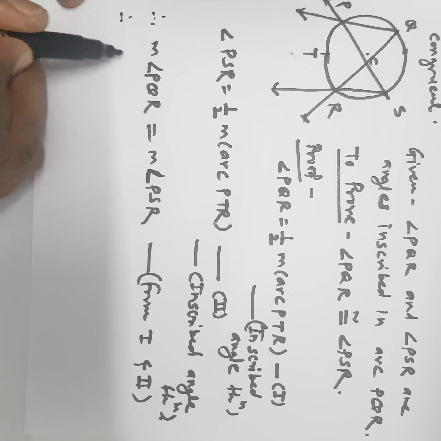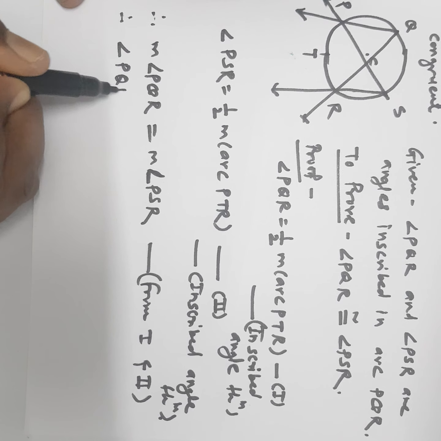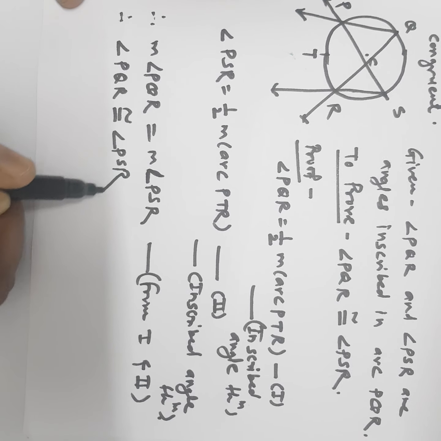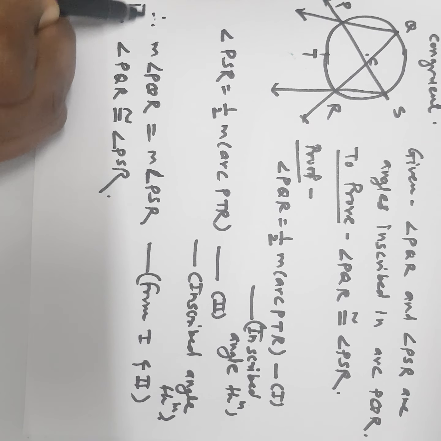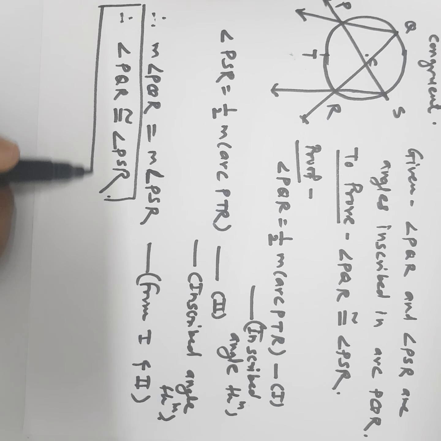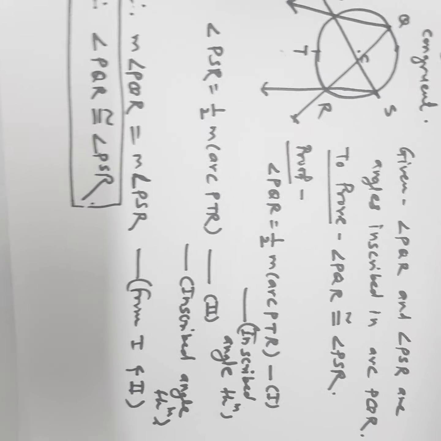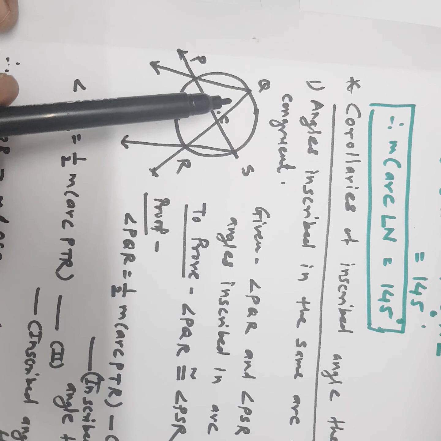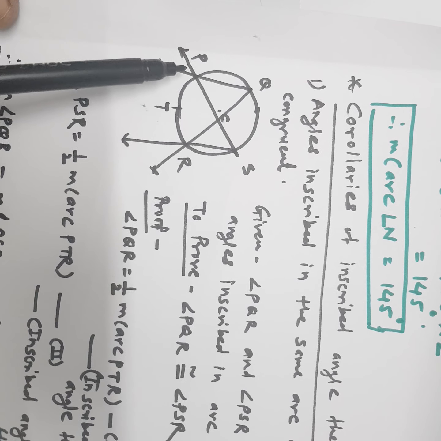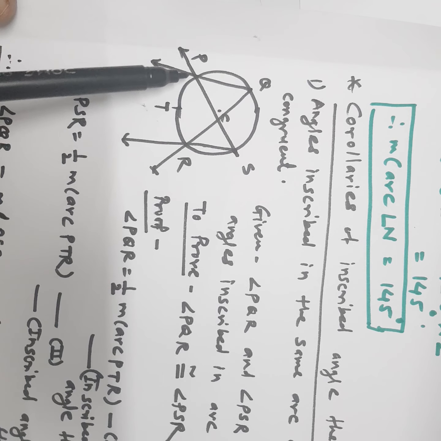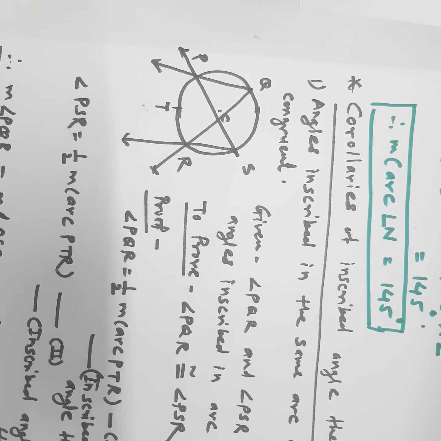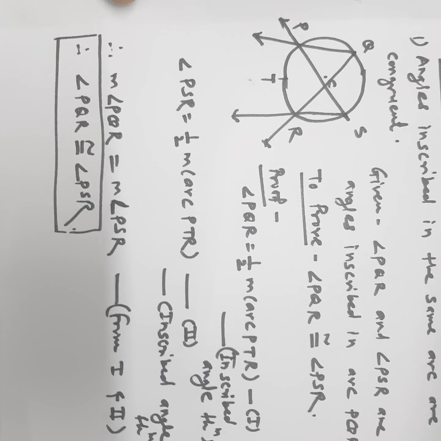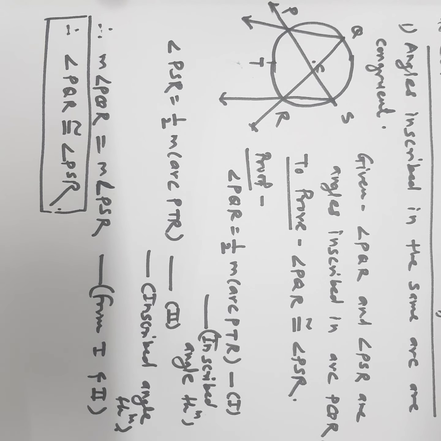Therefore angle PQR is congruent to angle PSR, proved. Simple proof. Use the inscribed angle theorem with respect to both these angles. They intercept the same arc, therefore their measures are half of that arc, therefore these are congruent. This is the proof of this corollary.